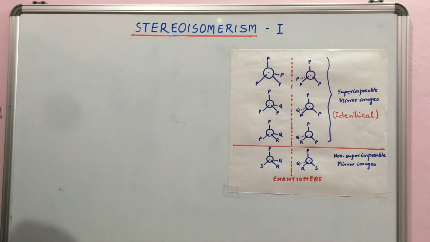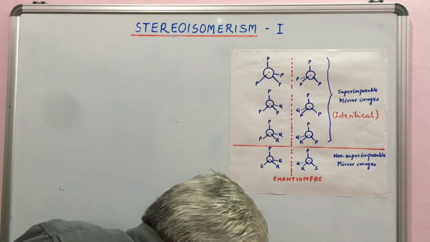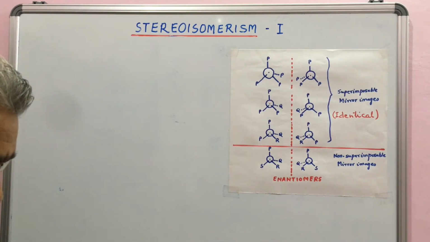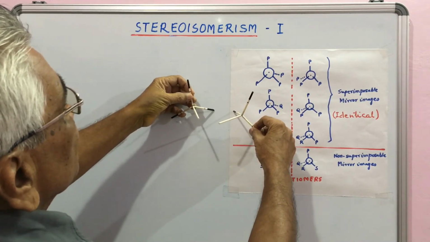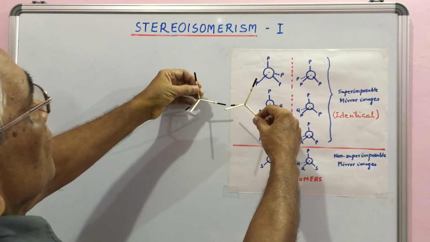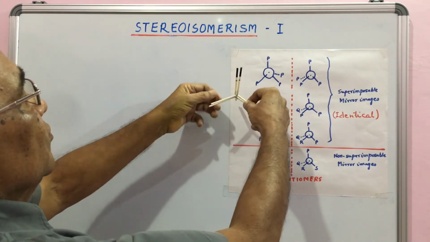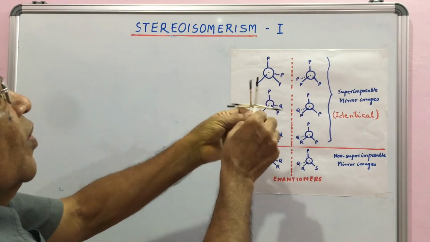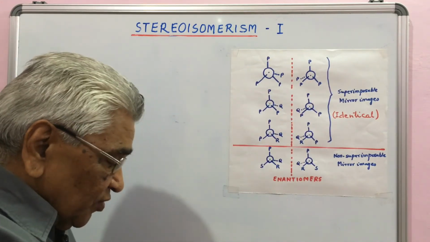If you take one as different, you put one different, say Q, its mirror image will be formed like this. And this is easily superimposable. You bring it here, superimposed. It means the 2 are same, no isomerism in this, they are identical. Now I change one more.